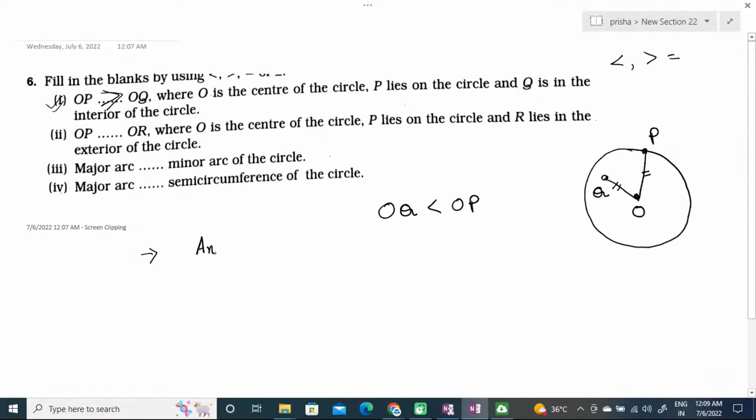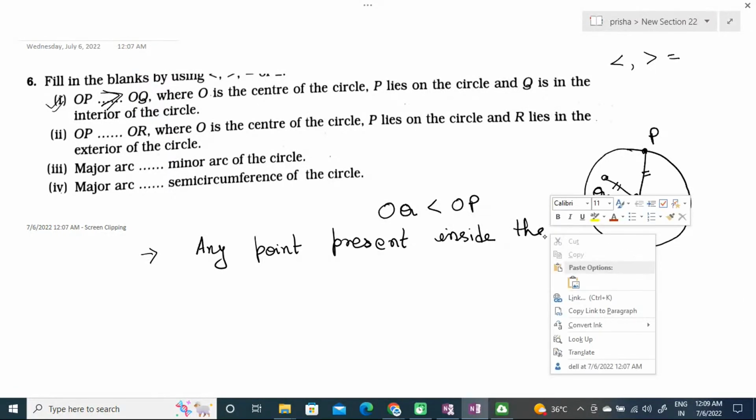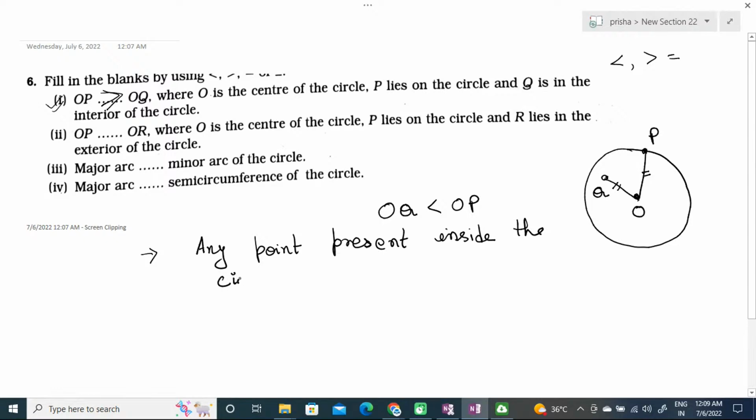Any point present inside the circle is less than radius, because length of OP is the radius of the circle.